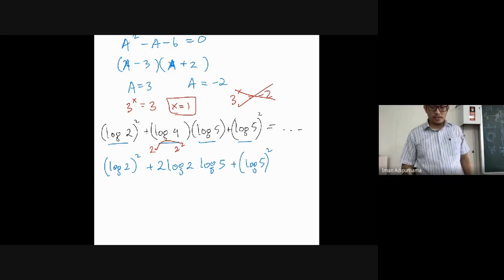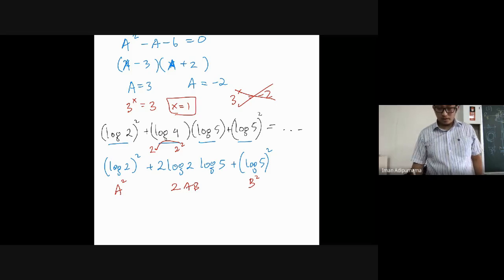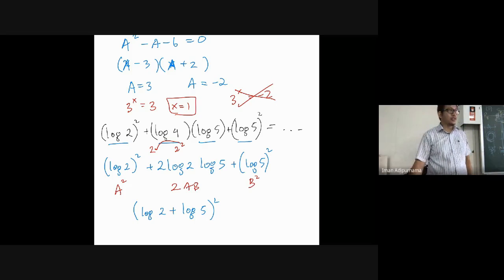If I change this, can you see any pattern here? If this is A, this is B. So this is 2AB, right? It's squared. So you can also write this as log 2 plus log 5, squared, right?